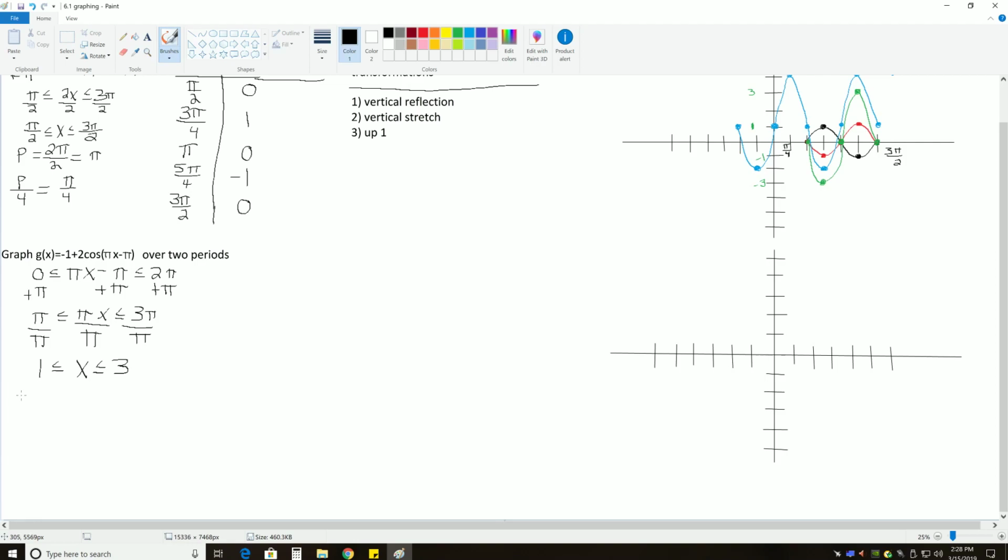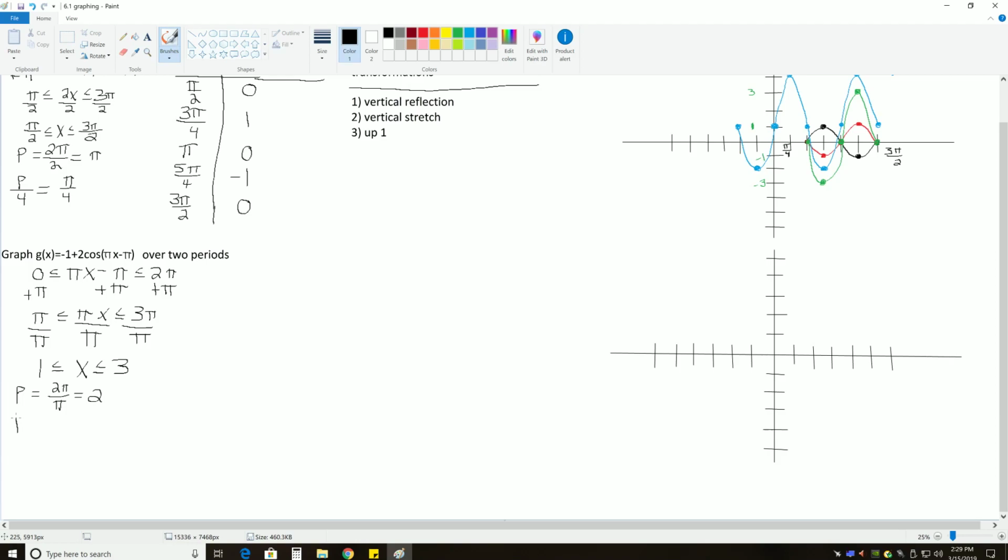So now we need to go about finding our period p, which like always when we're dealing with sine and cosine is 2 pi over b, and b in this case is again this pi that's in front of our x. So 2 pi over pi gives us 2. Our period is a distance of exactly 2.